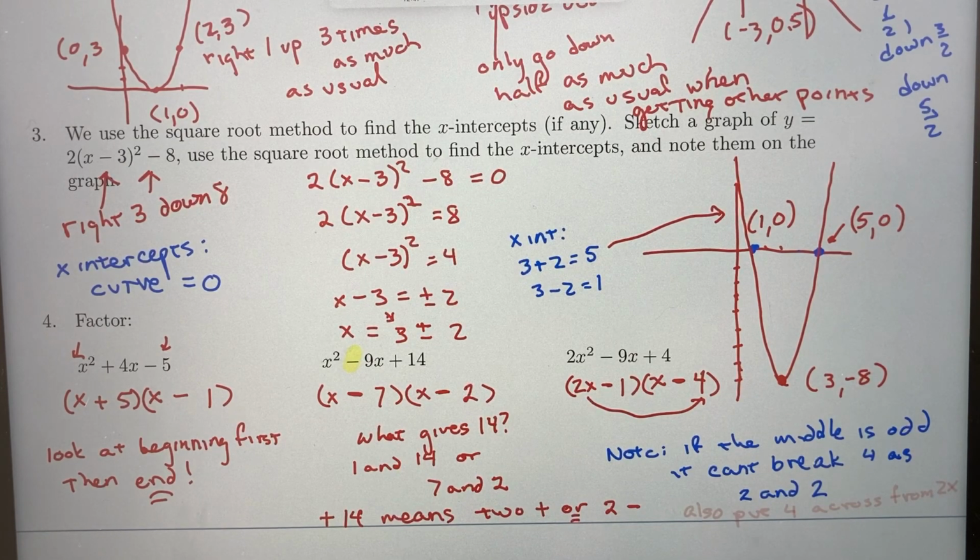And also, it does matter where I put the 4. I need to put the 4 across from the 2, from the 2x. This time it matters because when I FOIL, I need to make sure I have 8x and not just 4x.